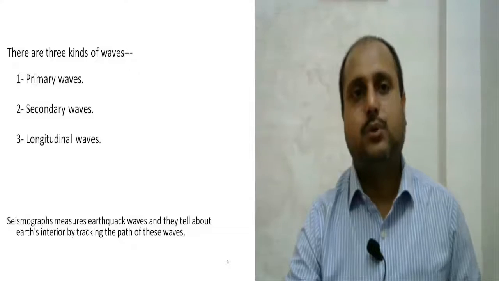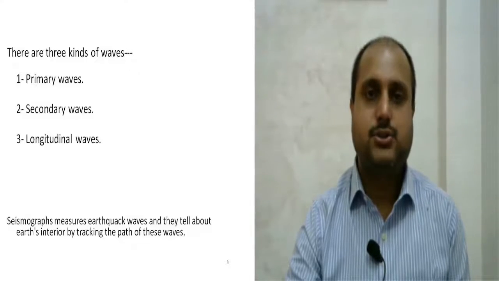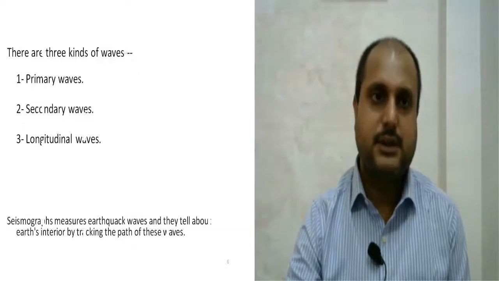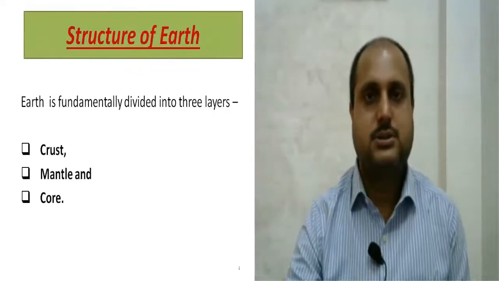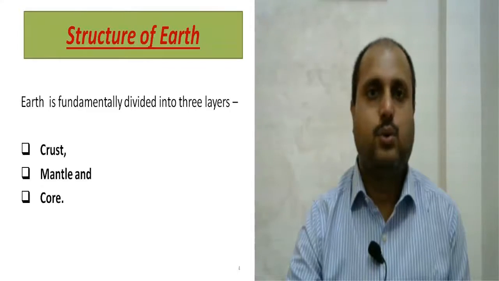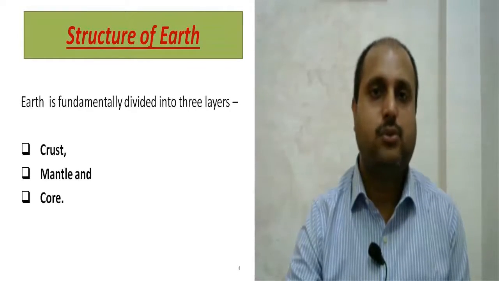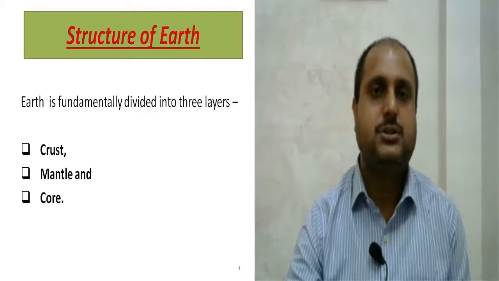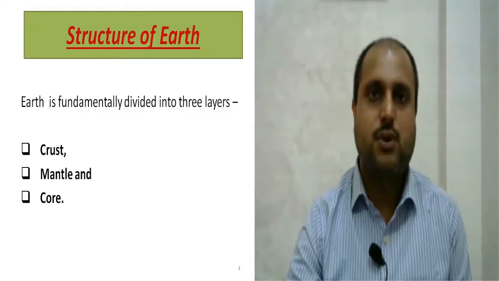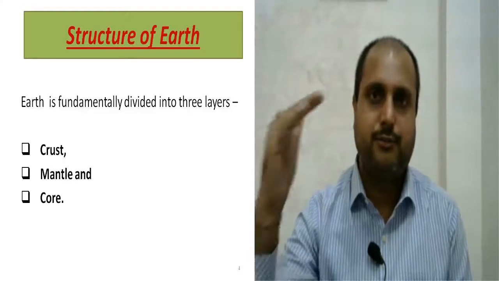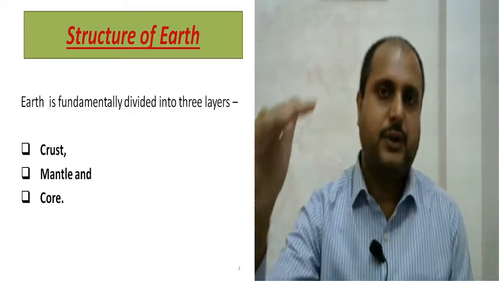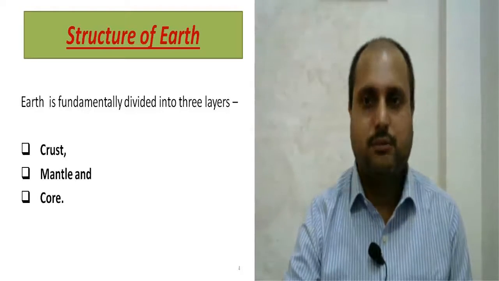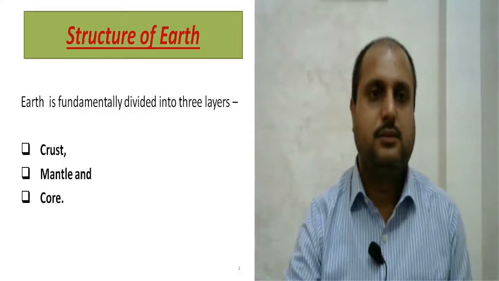Now, if we come to the internal structure of the Earth, there are three main layers: the crust, mantle and the core. The crust is the uppermost layer of the Earth, which starts from the top layer of the Earth till 100 kilometers.